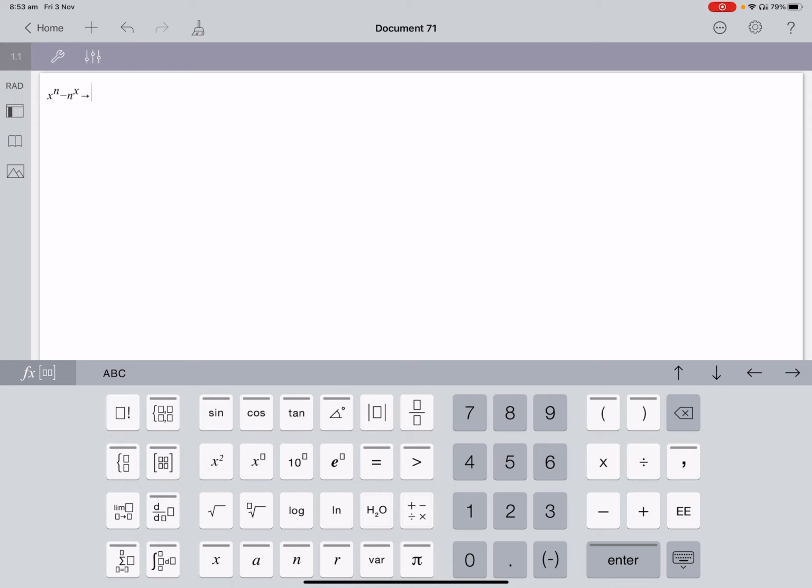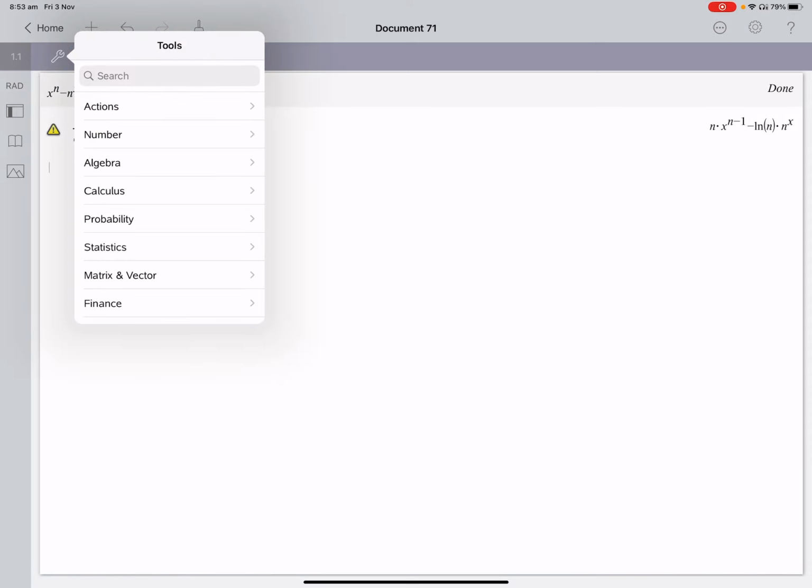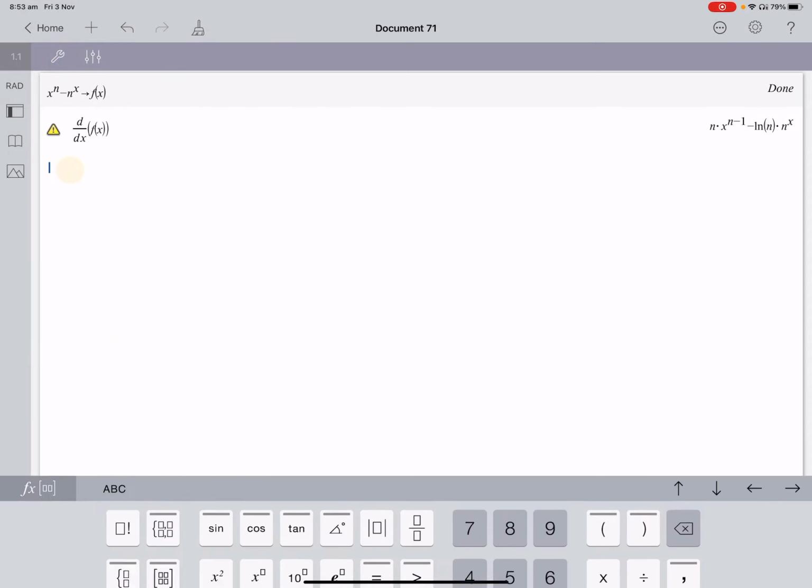Store that as f of x. Find d dx of f of x. And then we know we want to solve simultaneous equations.